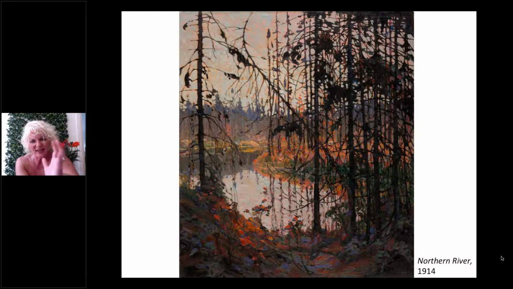Something about images like this one that capture, well, maybe this was it about Thomson. Maybe what Thomson was doing was he was not just showing us the landscape on the outside, but showing us something of the landscape on the inside as well.